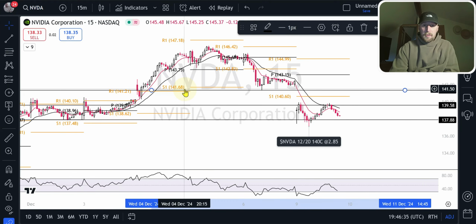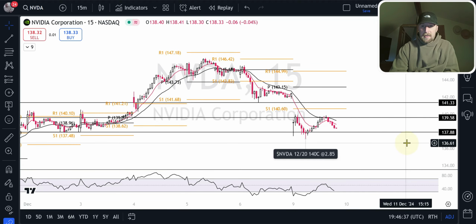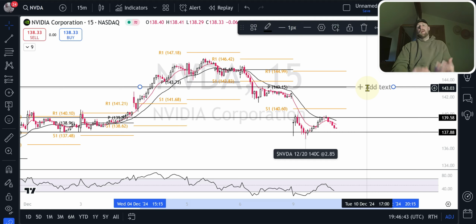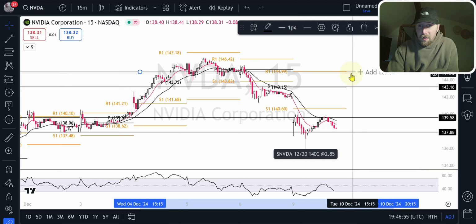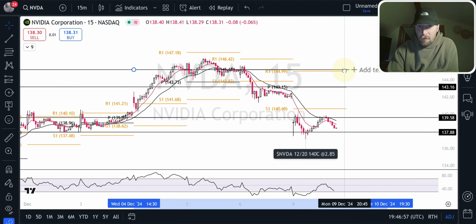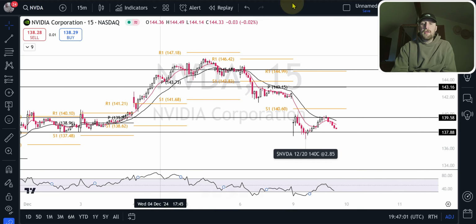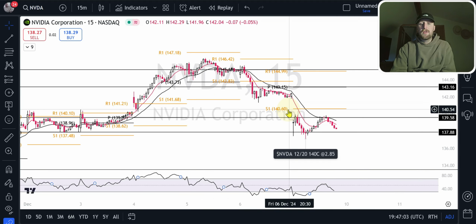We have another one up here at 143, which is also a psych number. So full rounded numbers are also going to be good key pivot areas. Just know that in the back of your head. And then we have another one up here at 145. So these are going to be our key pivots.